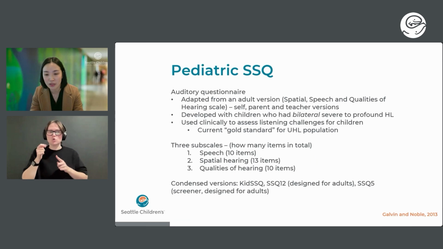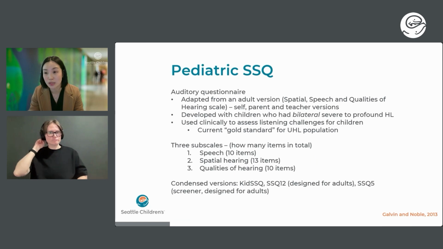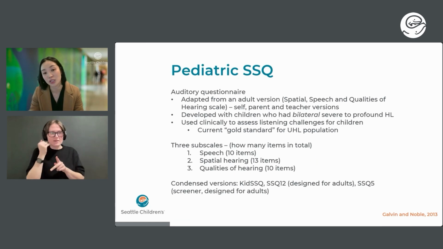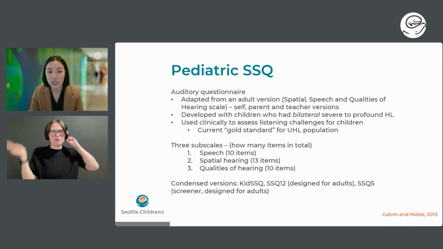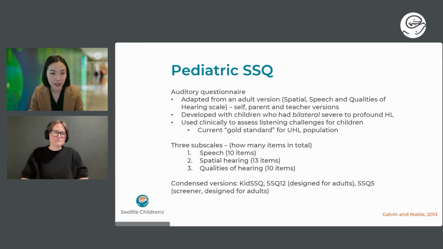The population that Galvin and Noble worked with were kiddos with unilateral versus bilateral cochlear implants, and they were trying to discern whether having a second-side cochlear implant was beneficial in different listening situations. All the children in their cohort had bilateral severe to profound hearing loss. It was just whether they were bilaterally aided with a cochlear implant or unilaterally aided. So, a little bit sidetracked there.